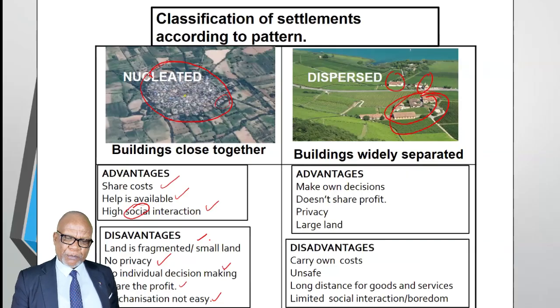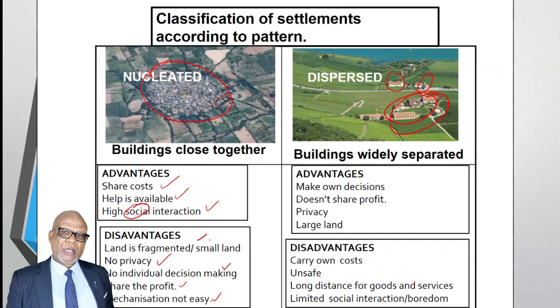So it's very important when you study this to read the examination question, because questions in geography will not come as general, saying advantages, like you did in paper one, where the question was looking for environmental impact. Here you must know what we're talking about: social impact means how it affects people, environmental impact means how it affects the environment, and economic impact means how it impacts the flow of money.